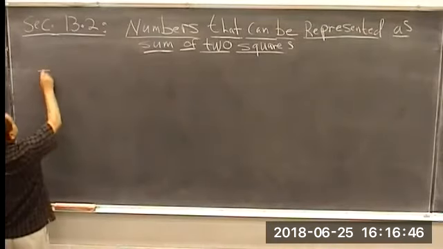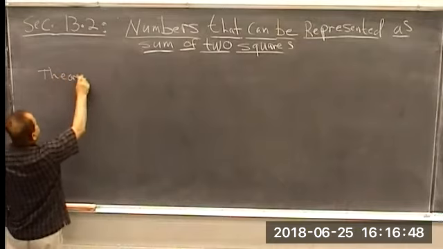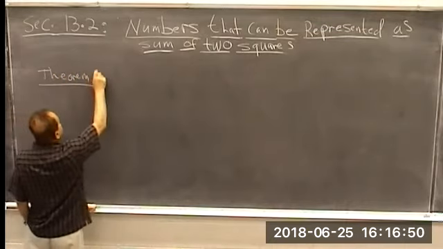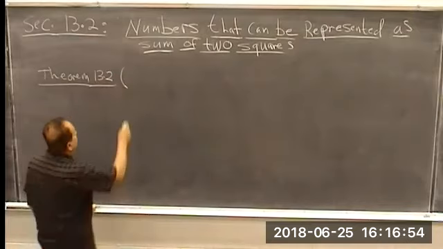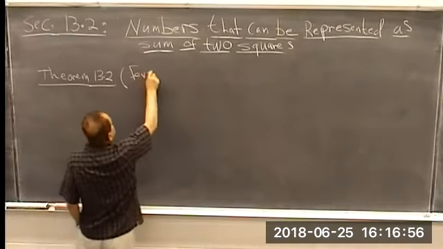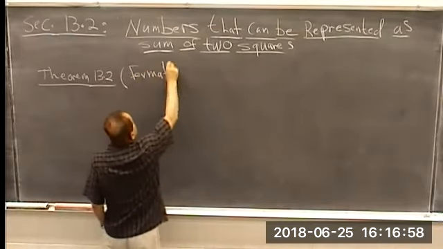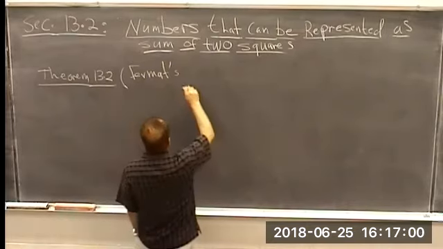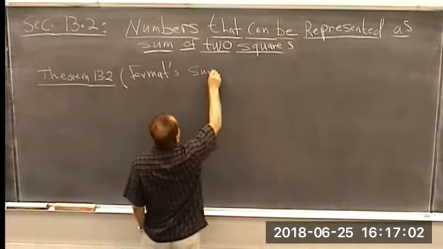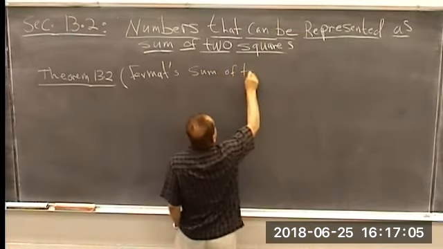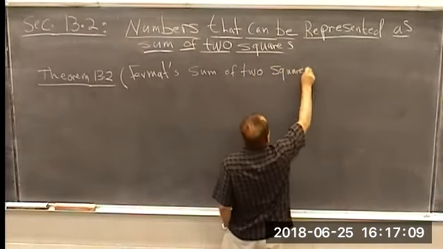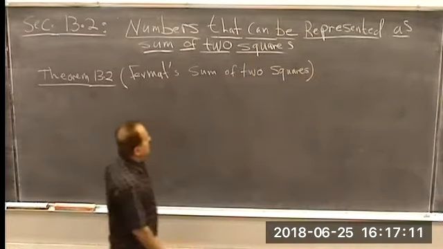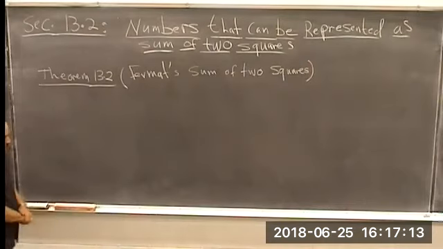We have the second theorem, 13.2. This is due to Fermat, Fermat's sum of two squares theorem, as it is referred to.